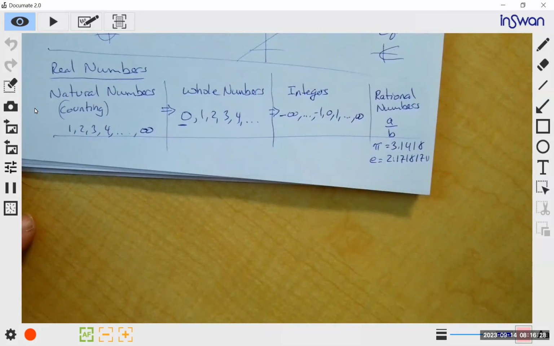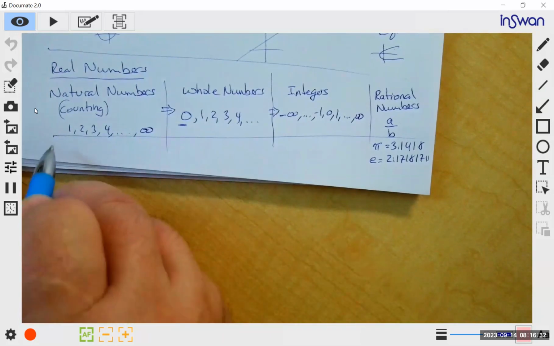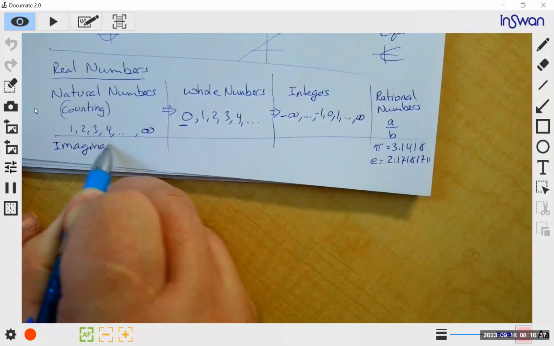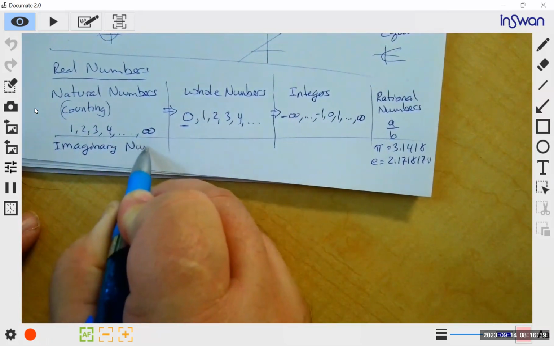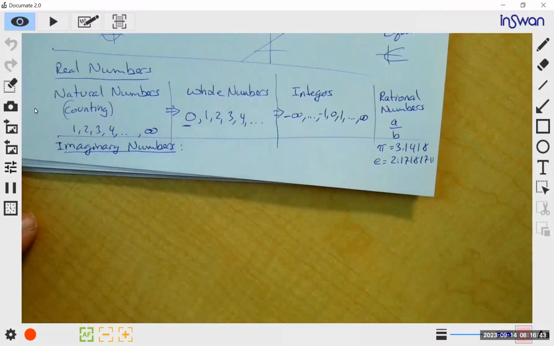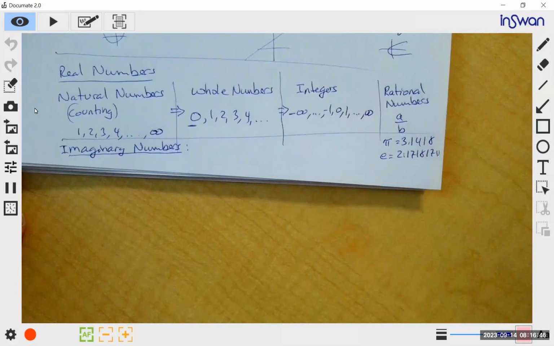And then we go on to the other side of the screen, which is called imaginary numbers. By definition, again, mathematicians are not too creative.